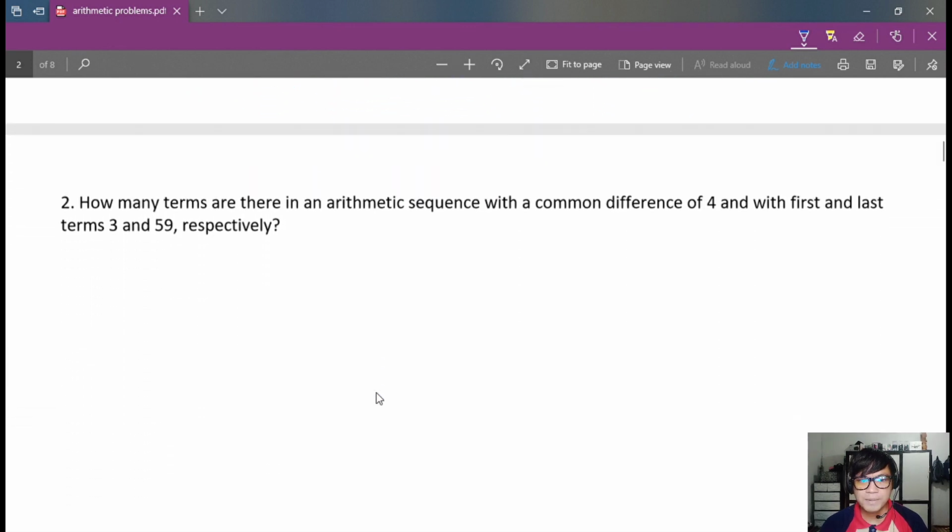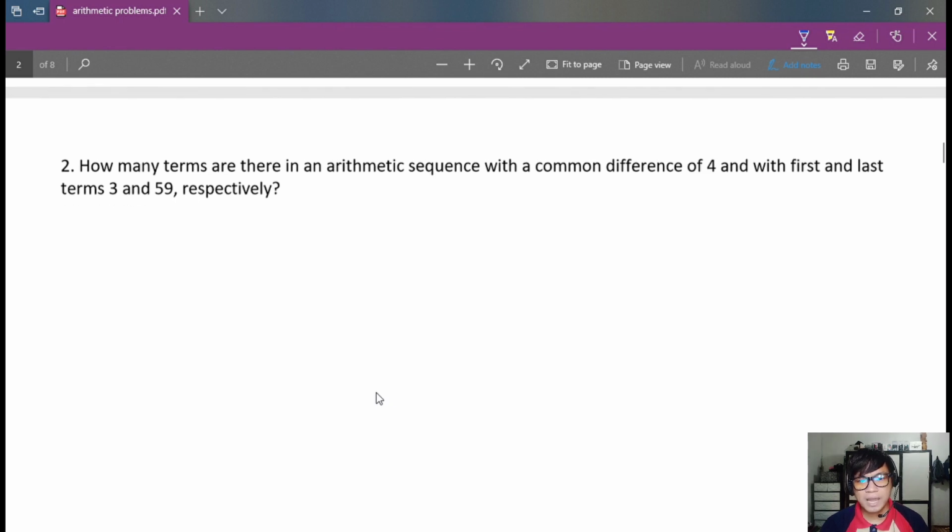Okay, this is for number 2. How many terms are there in an arithmetic sequence with a common difference of 4 and with first and last terms 3 and 5 respectively? So, the variable we're looking for is n.